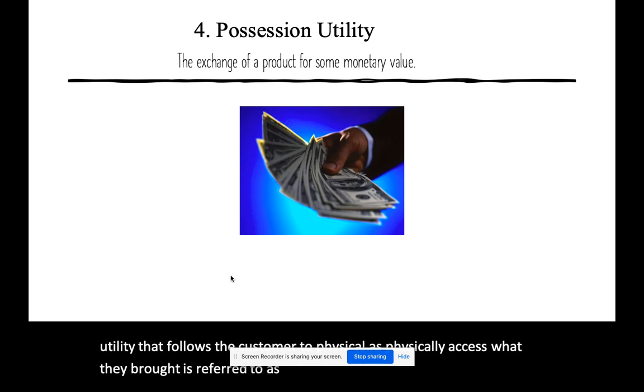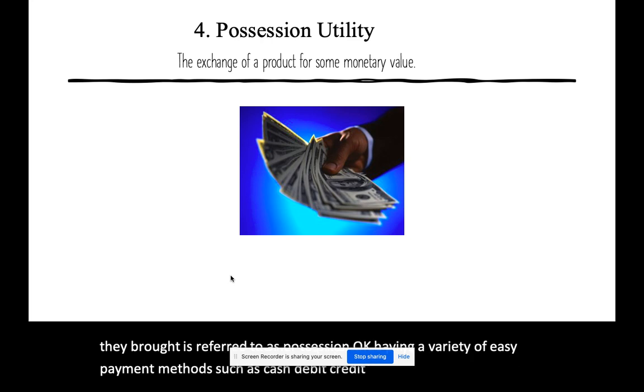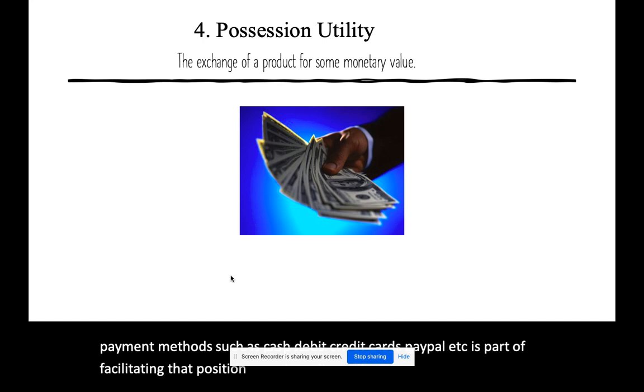Having a variety of easy payment methods such as cash, debit, credit cards, PayPal, etc., is part of facilitating that possession, as is the physical location of the product and how it's delivered to the customer.